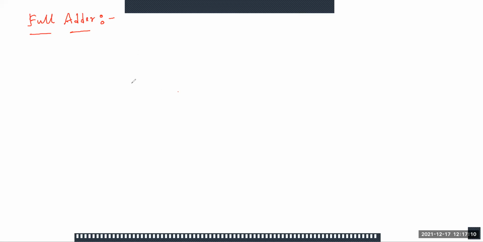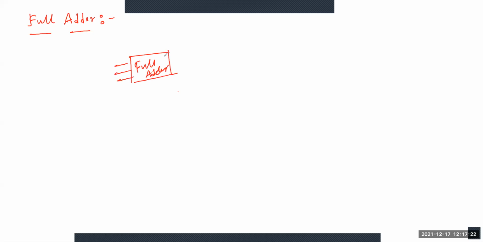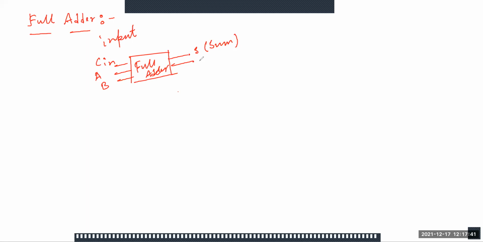So here is the logic symbol. This is the full adder. Suppose this is A, this is B and this is C in. These are the inputs, and S is for sum and C is for carry.